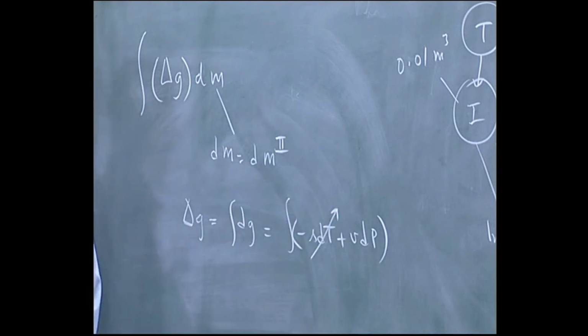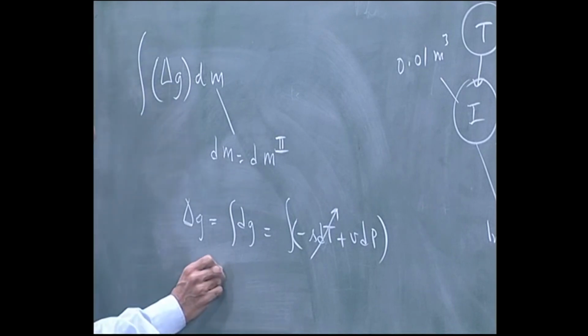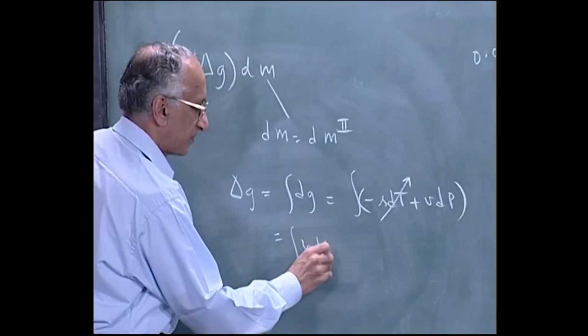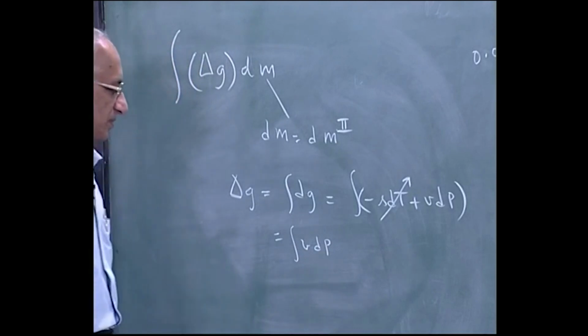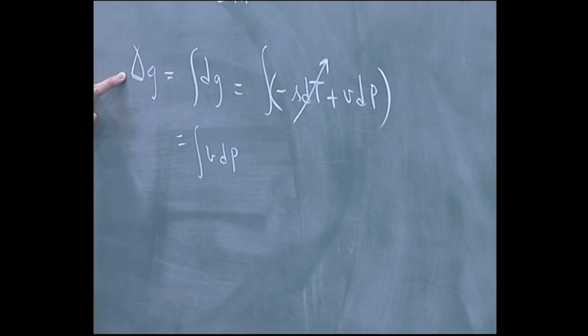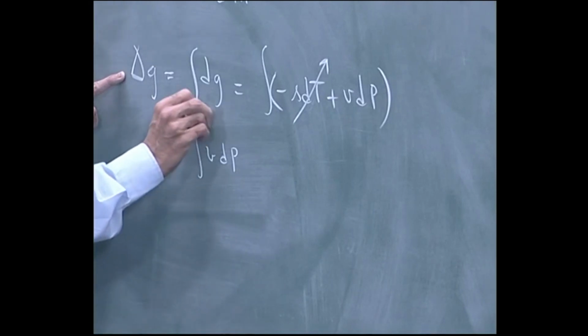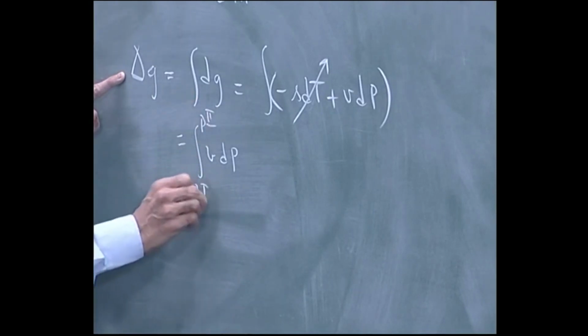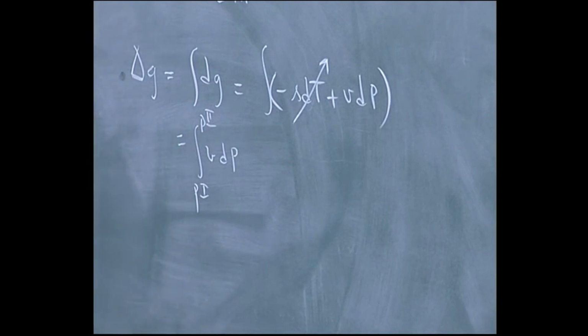This is 0 because it is an isothermal operation. So all I have to do is to calculate integral V dP. This is from inlet to outlet, so from P1 at the inlet to P2 at the outlet. Delta G is G out minus G in, G out is the same as G in tank 2, G in is the same as G in tank 1.